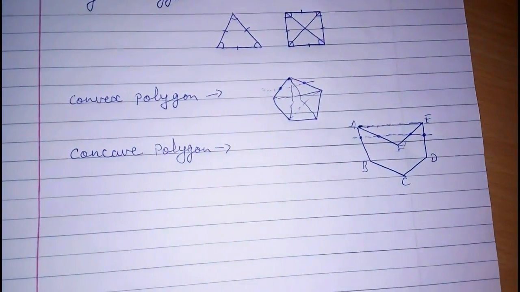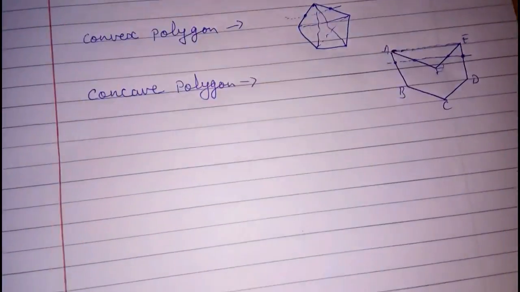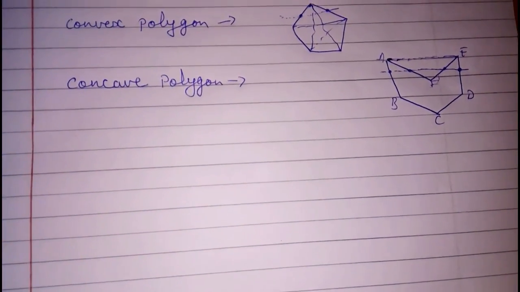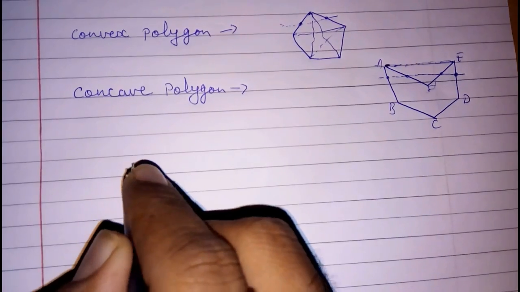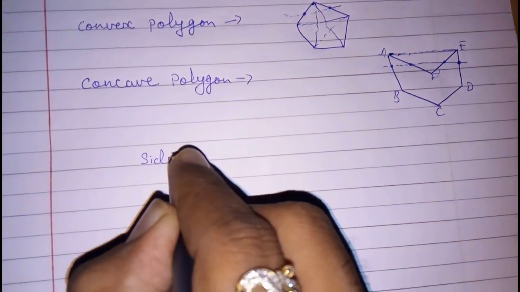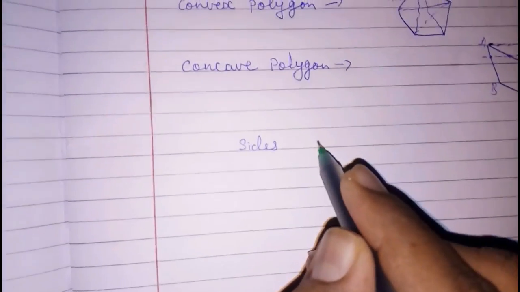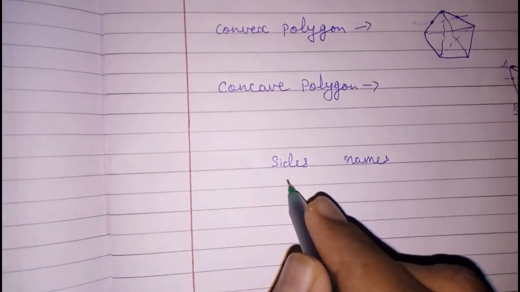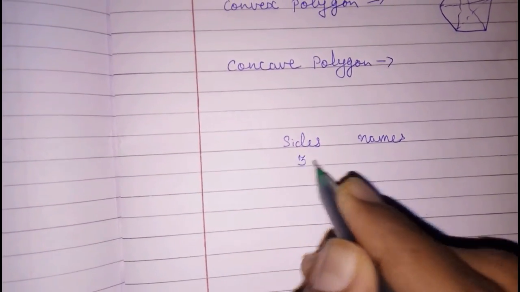Now we are going to give names to polygons on the basis of the number of sides. If any polygon has 3 sides, we call it a triangle. We know this very well.